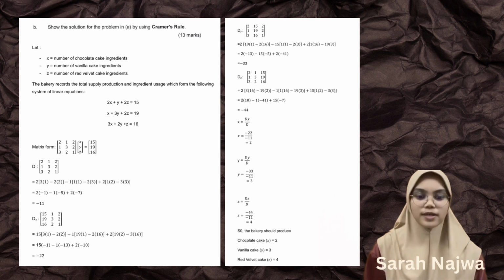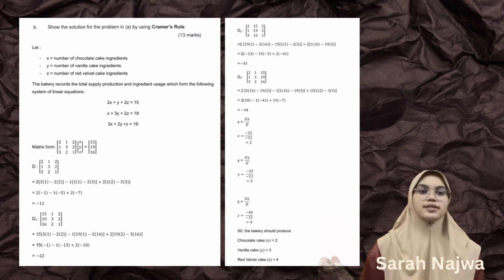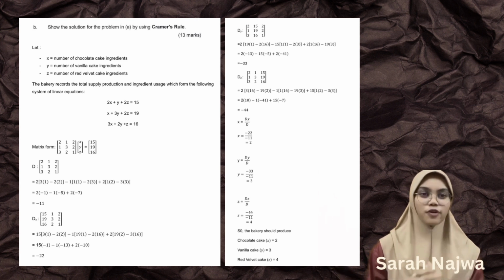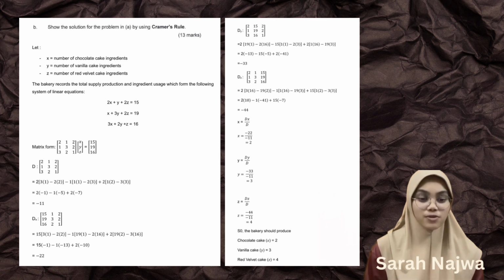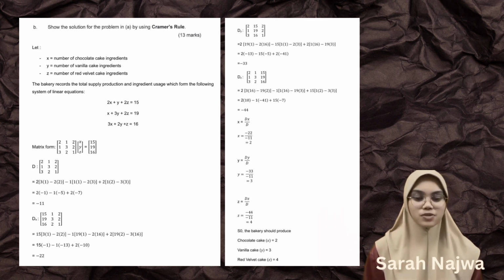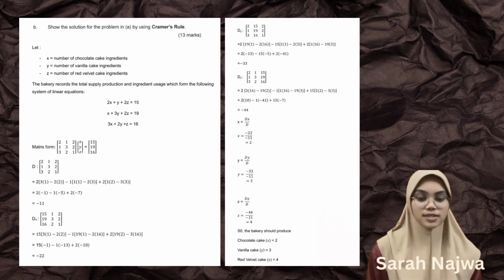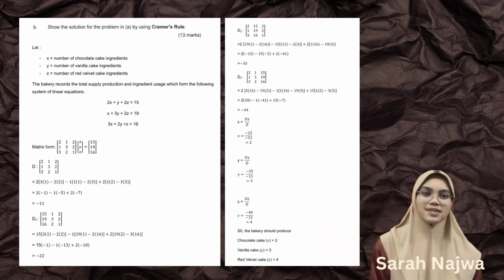Finally, it means the bakery should produce 2 chocolate cakes, 3 vanilla cakes, and 4 red velvet cakes. By producing these quantities, the bakery can use all the available ingredients exactly without any waste. Thank you.